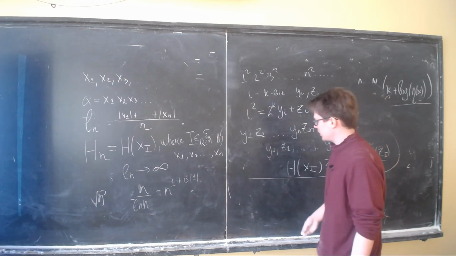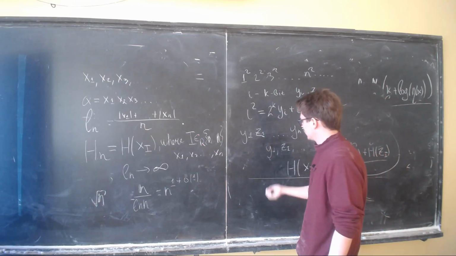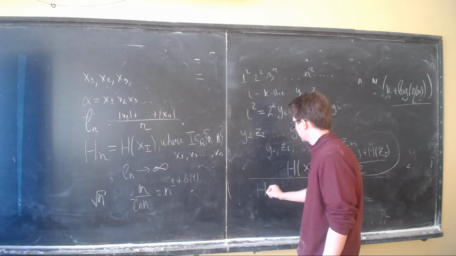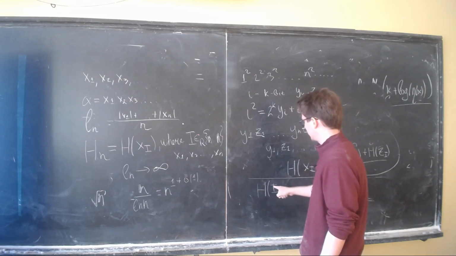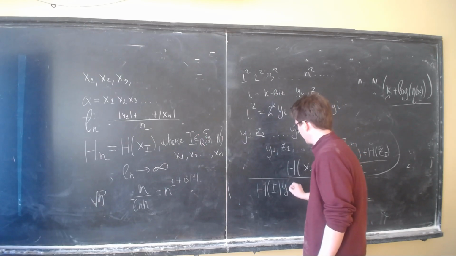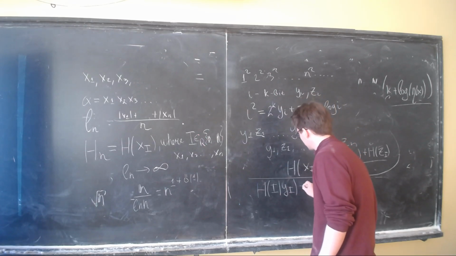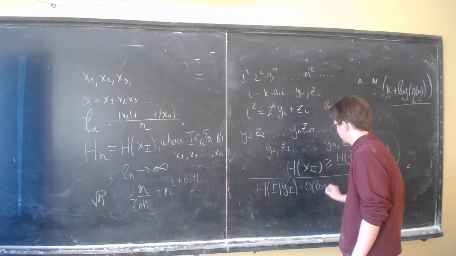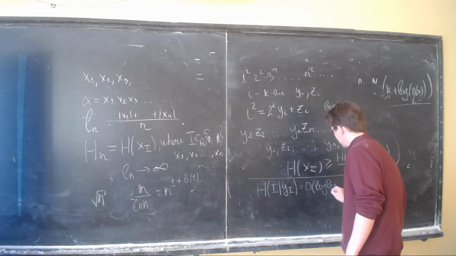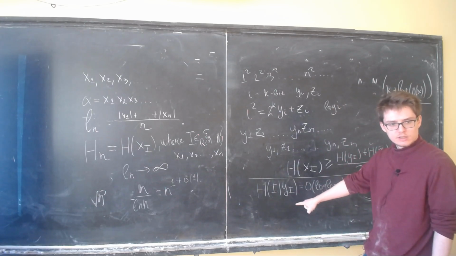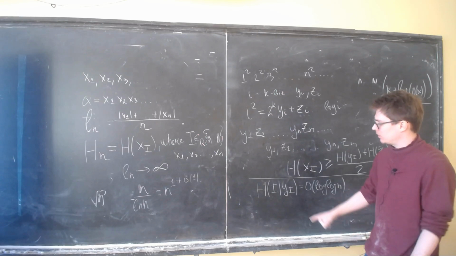I claim that the entropy of i given y_i is small. It's O of log n. If this is the case, assume that we have shown this.